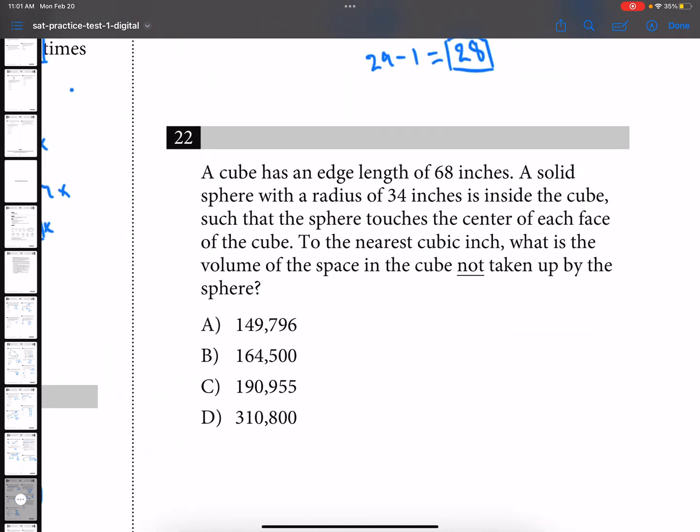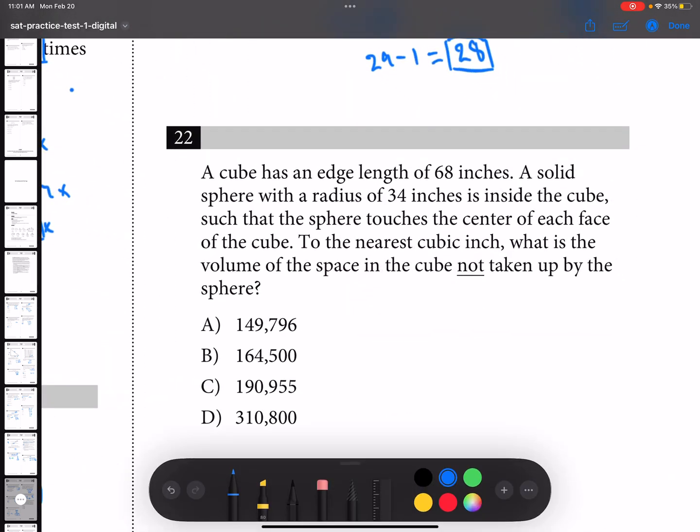All right, number 22. The cube has an edge length of 68 inches. A solid sphere with a radius of 34 inches is inside the cube, such that the sphere touches the center of each face of the cube. To the nearest cubic inch, what is the volume of the space in the cube not taken up by the sphere? So this requires a lot of calculation, but we can use rounding to get to the closest answer.